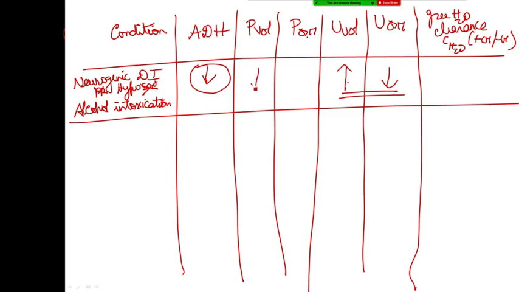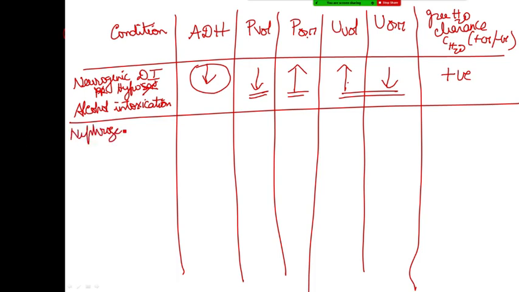Your plasma volume will decrease. And what will happen to the plasma osmolarity? They're always inverse. Increases. It's like you're losing water from one end. That means your body water has to be in the other direction. If you're losing water in the urine, your plasma volume has to decrease and get concentrated. And what will happen to free water clearance? You're losing water, right? So free water clearance will be positive.